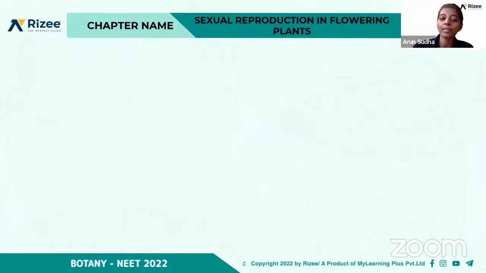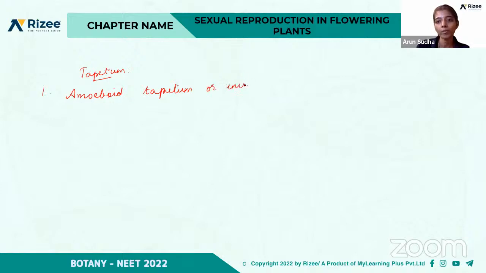Okay, if you take the tapetum, there are two types of tapetum. The first type is amoeboid tapetum, which is also called the invasive or periplasmodial tapetum.